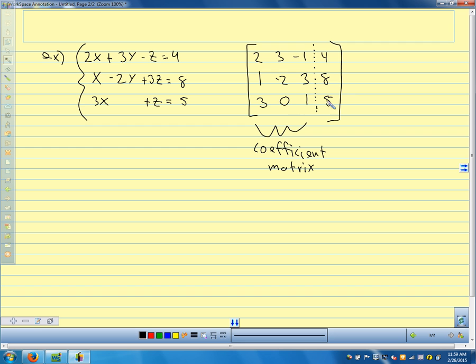And we call the matrix where we put the constants onto the side the augmented matrix. So we augment the coefficient matrix with our constant matrix, and we get our augmented matrix. So this represents this system of equations.